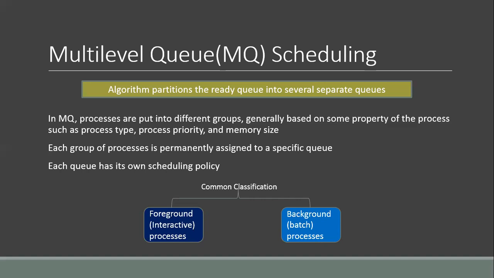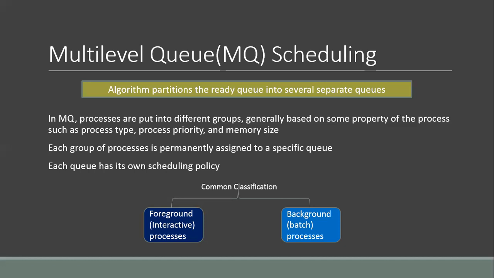Whereas background processes, also known as batch processes, are those processes which don't require user interaction while they are in execution phase. Because these processes have different response time requirements, they can be scheduled using different policies.